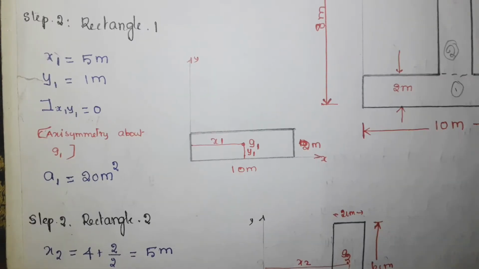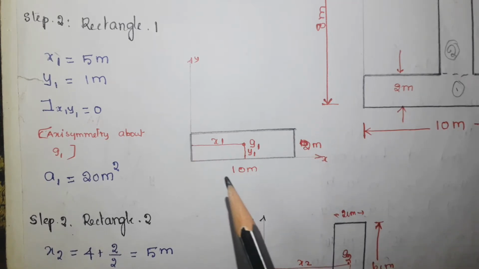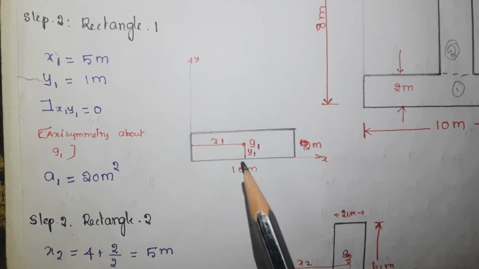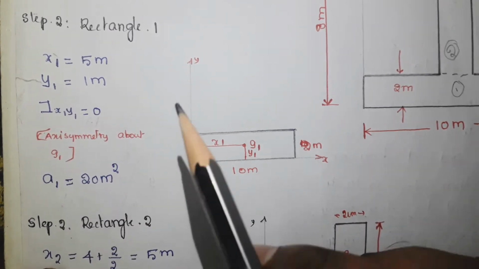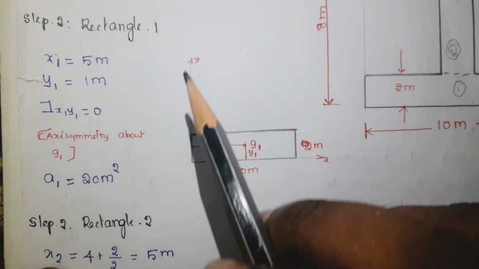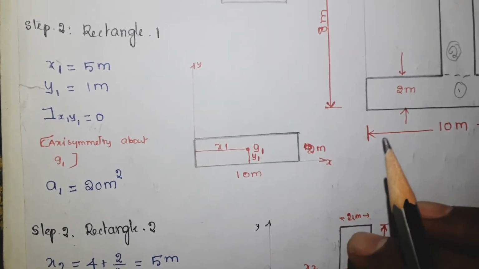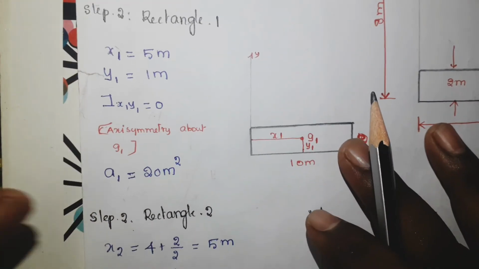Now in the second step, we take the first rectangle and draw a separate diagram, and then we have to find the values for these variables. When you draw this diagram, make sure that these axes are correctly positioned with respect to the given composite section.